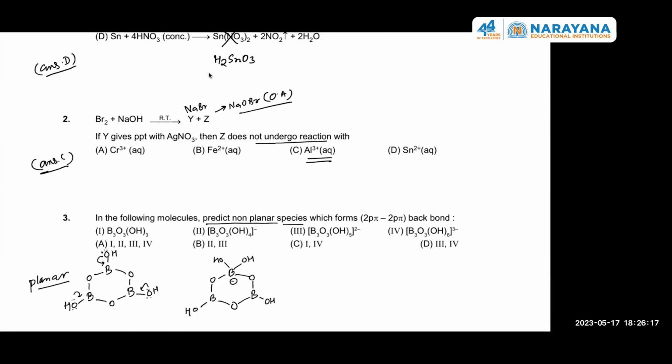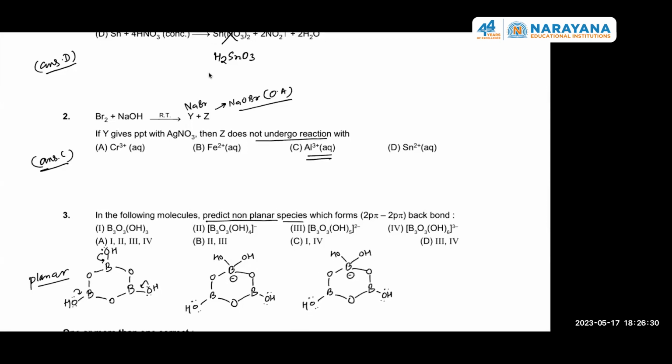So it would be a non-planar species which forms 2p pi back bond due to this OH. Again, a similar structure will form, and the number of OH will increase, with one more OH here and one more OH there.